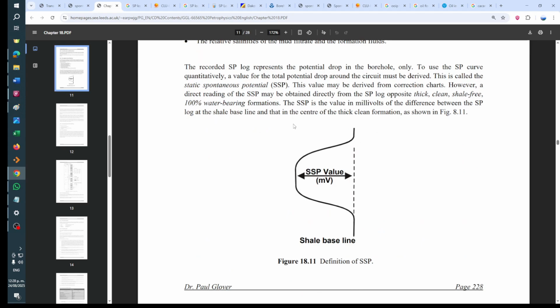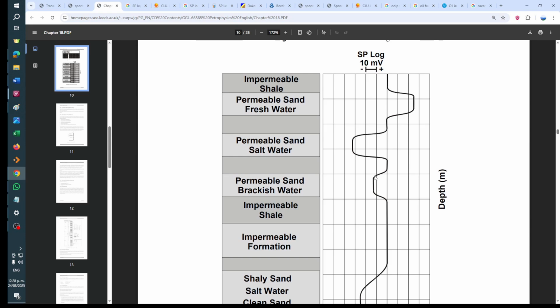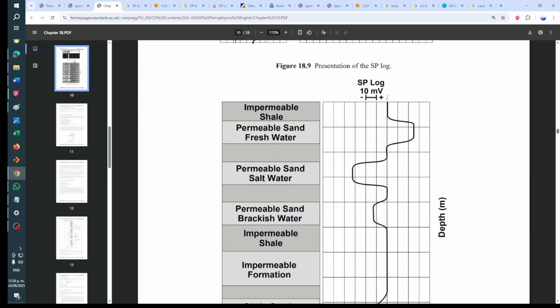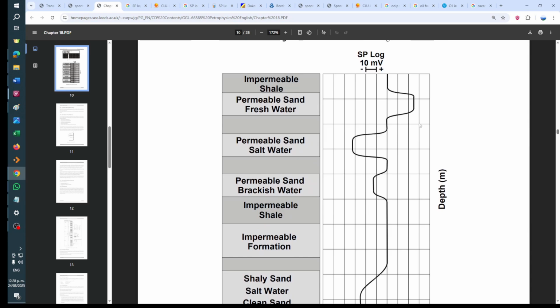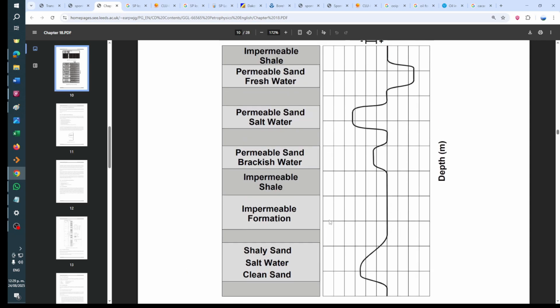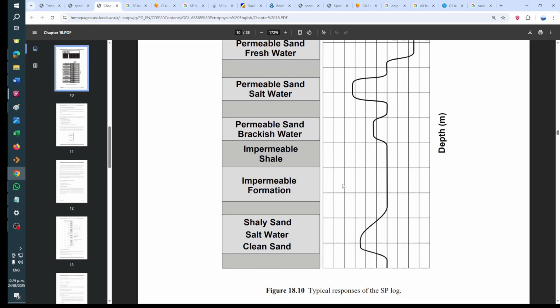Again, here we're explaining the same thing: the difference between the shale baseline and the sand baseline is the SSP value. And here we can see how the SP log is changing and deflecting to the left or to the right. This is our shale baseline, and depending on the type of fluid, for example, here we can have a shale, and we can also have a different lithology right here.